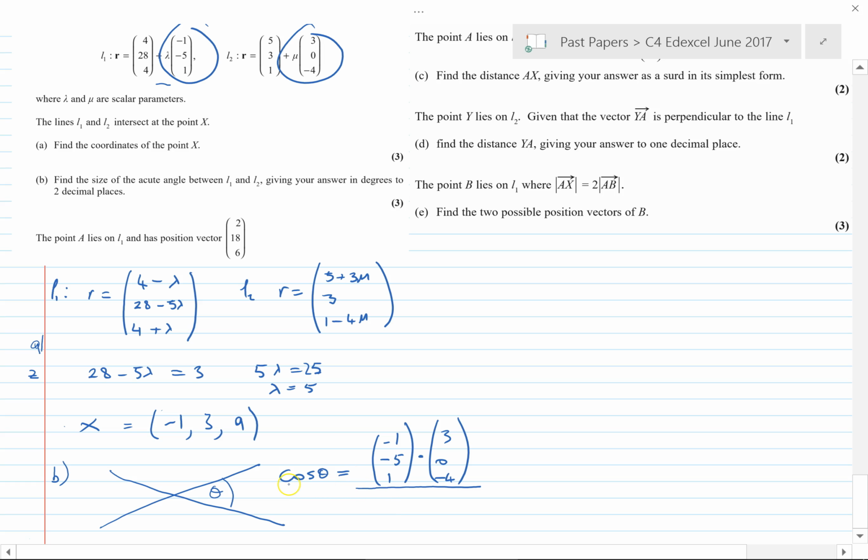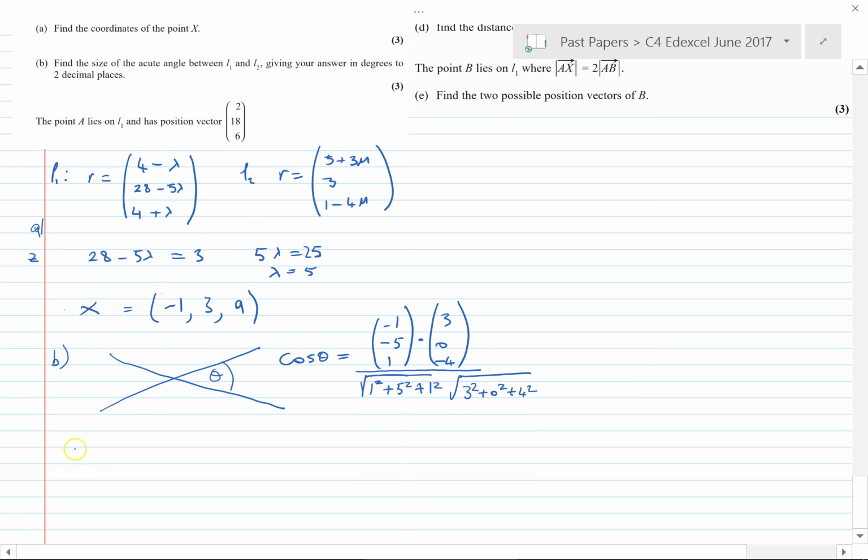Now, I know I might get an obtuse angle here. I'll just take it away from 180 or change the sign. So that's the magnitude of that one, and then the magnitude of this one is 3 squared plus 0 squared plus 4 squared.